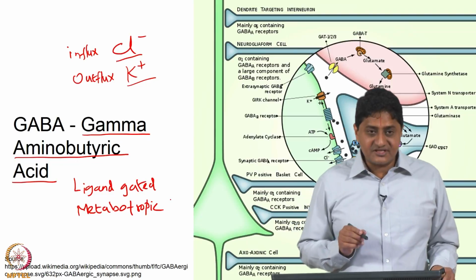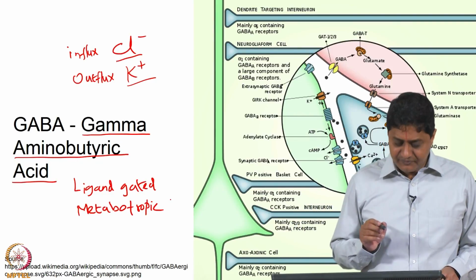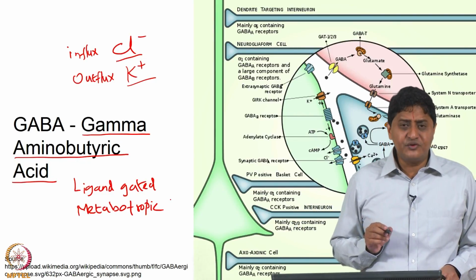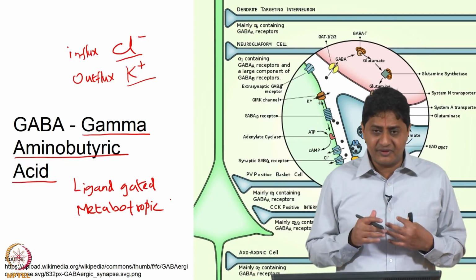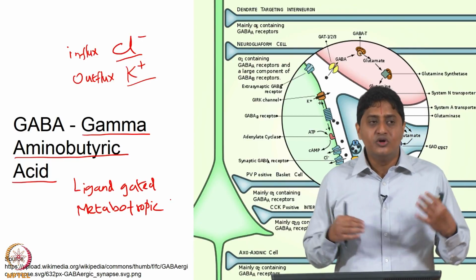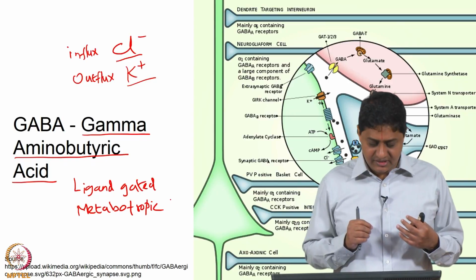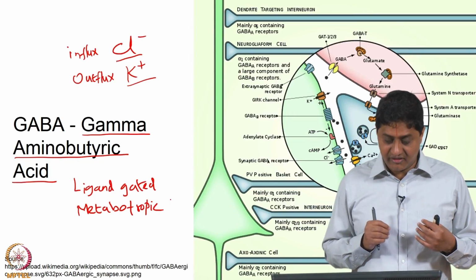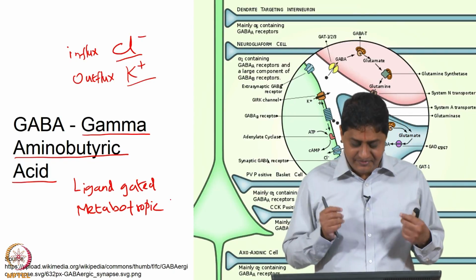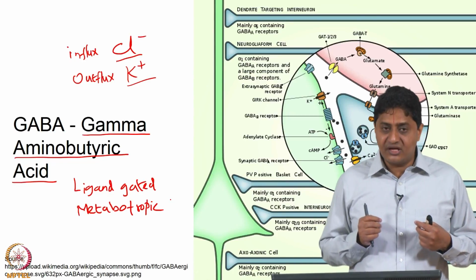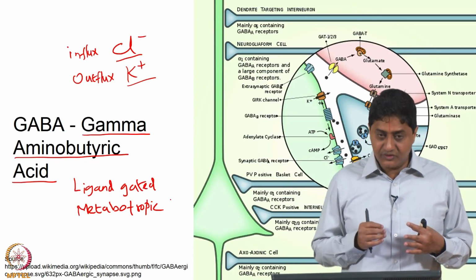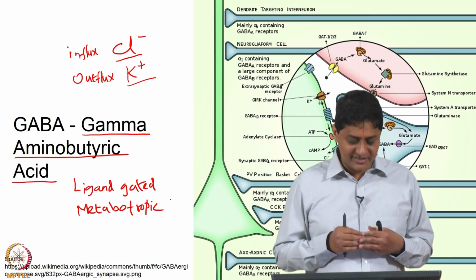The details I am skipping for brevity. It is sufficient if you know that there is not just a simple method by which this functions, there are at least two mechanisms by which GABA could function. The receptors are of at least two types: those that involve mediators such as a G protein, and those that involve ligand gated ion channels.